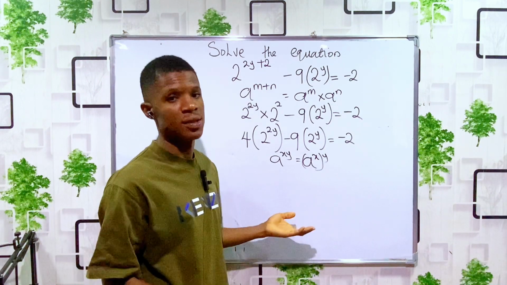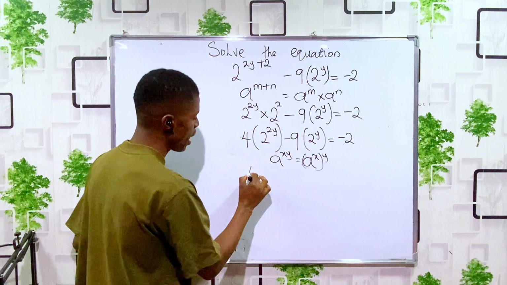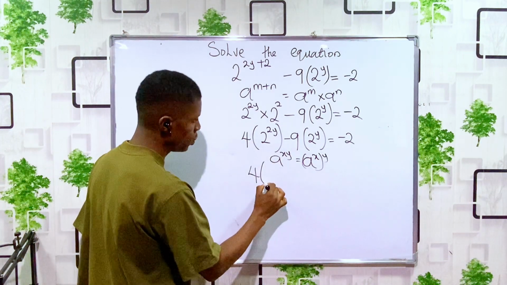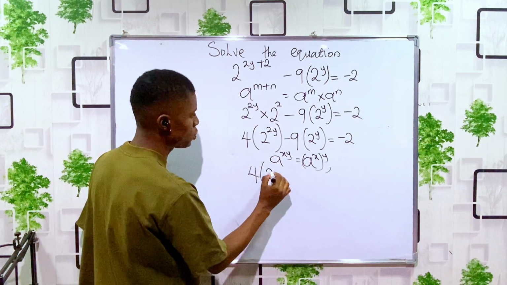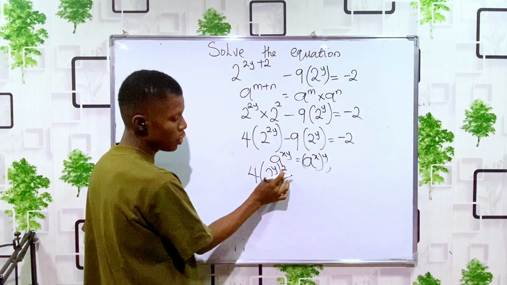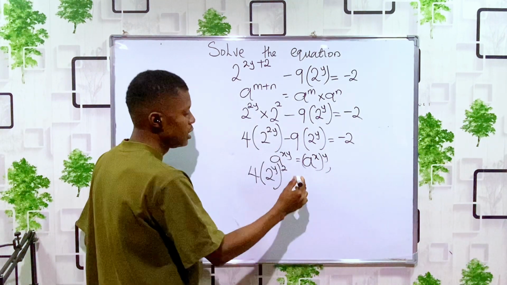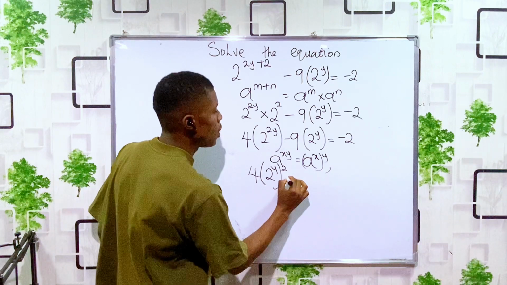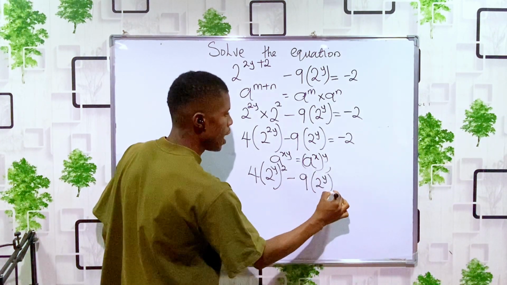So we can now say 4 into 2 to the power of y all squared, because 2 times y is still 2y, nothing has changed. Then you minus 9 into 2 to the power of y.